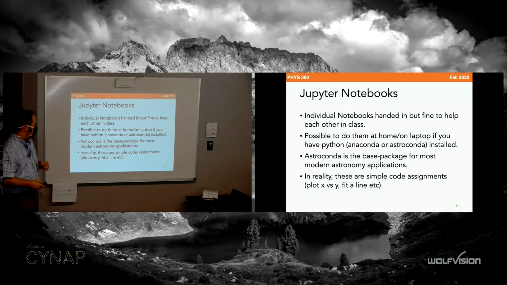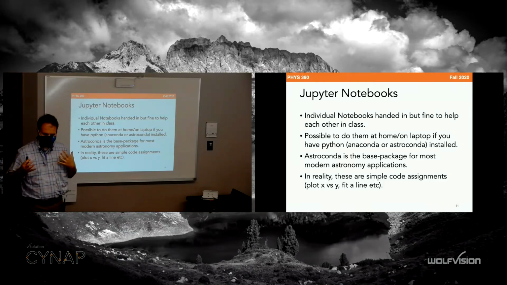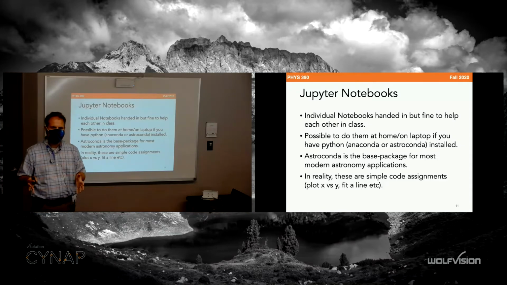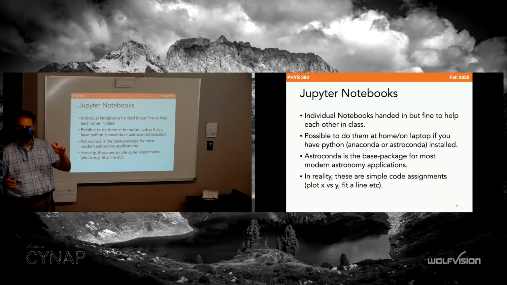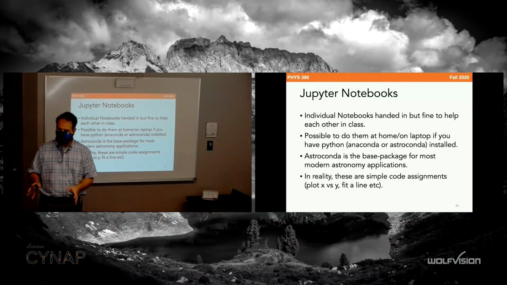All right, so Jupyter Notebooks. There are individual notebooks. Jupyter Notebooks are kind of their own little coding environment where you can alternate markup text and code, and then execute code in little cells. This is great for learning. This is great for prototyping.